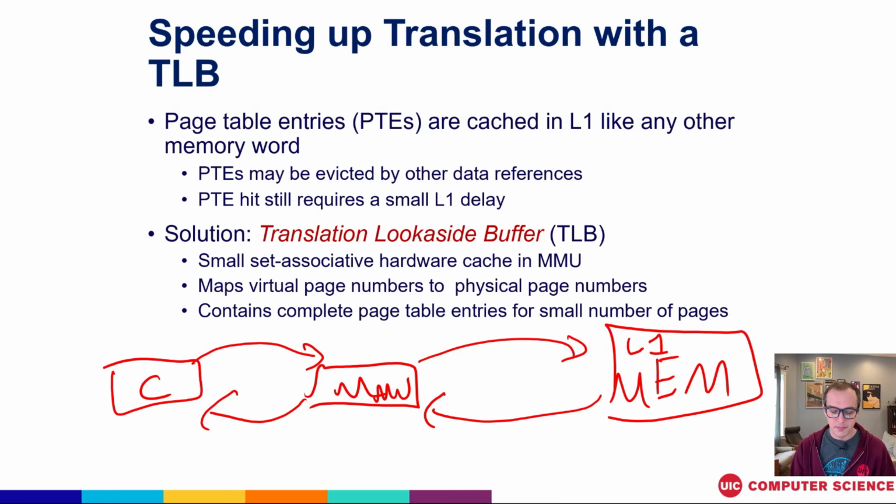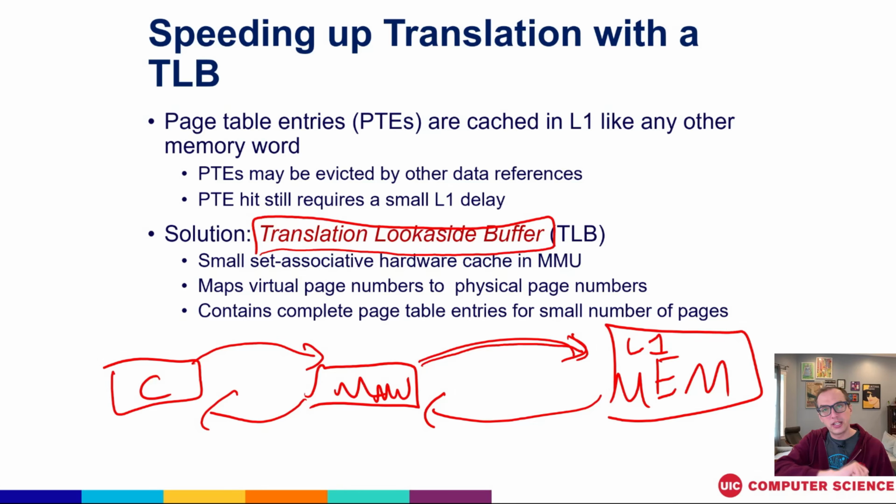So the big problem we end up with here is we don't want to do these 2-for-1 memory accesses. What we want to do instead is make a very special cache called the translation look-aside buffer that is going to live in the MMU itself.